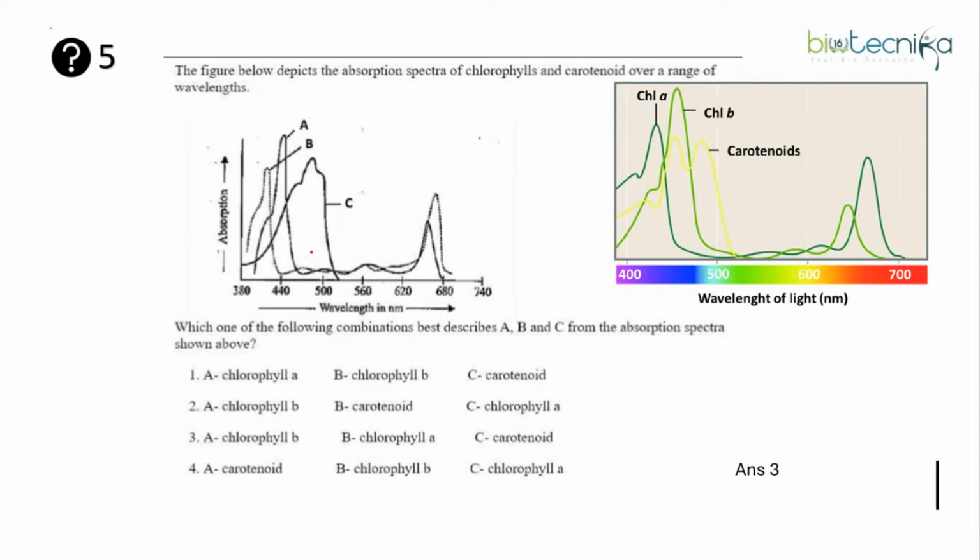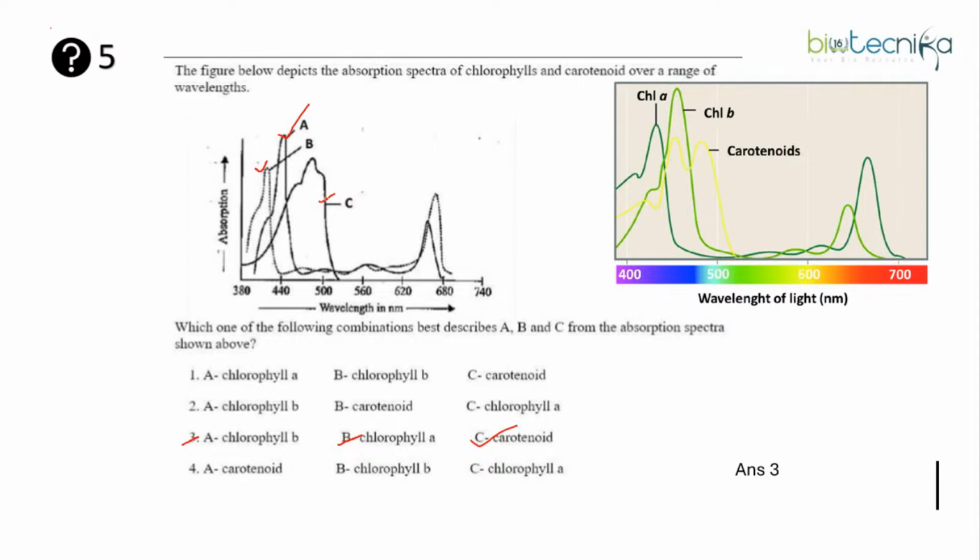Okay, so A is corresponding to chlorophyll B, B is chlorophyll A, and C is representing carotenoid.